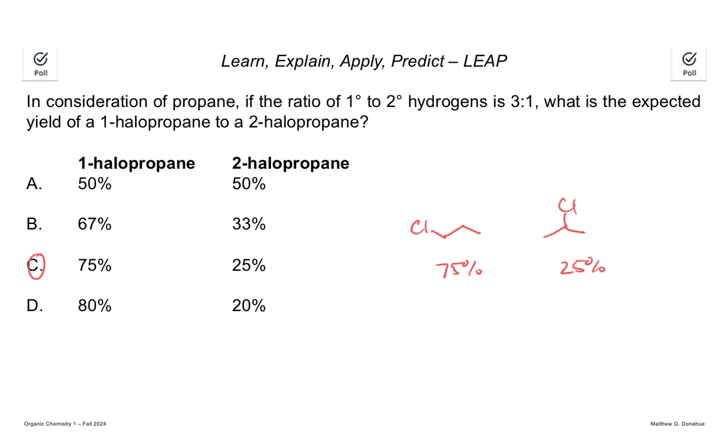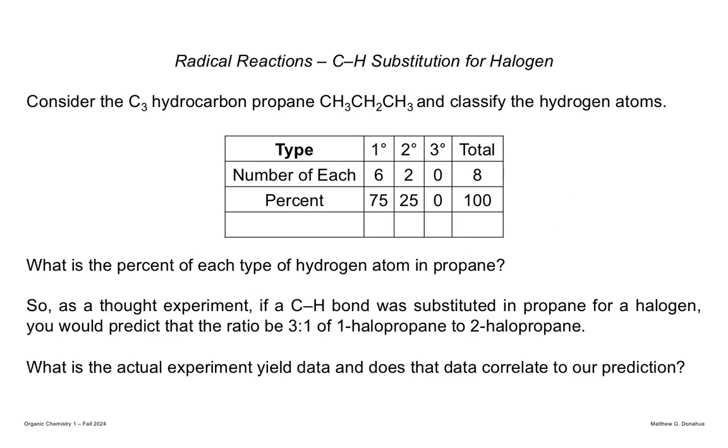That's what you would expect based on the percents of those hydrogens. So again, there's the summary of that. And on the next slide, we're going to look at what the actual percent yields of primary versus secondary are. And you see that they're not really anywhere near 75-25.